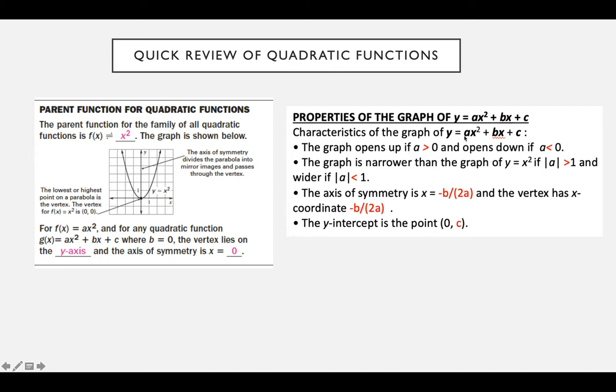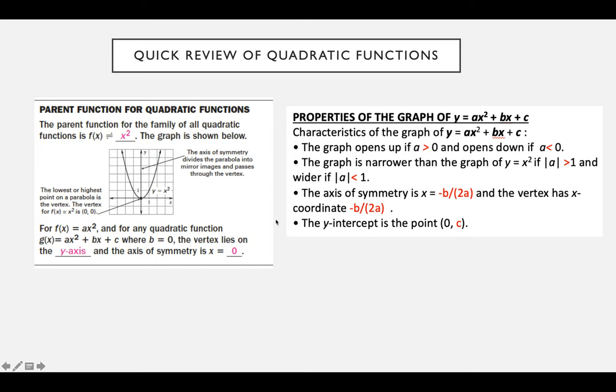When the equation is in standard form, it's written as y equals ax squared plus bx plus c. A tells you whether it opens up or down. If it's positive, it opens up. If it's negative, it opens down. The graph is narrower than our parent function if the absolute value of a is greater than 1, and wider if the absolute value of a is less than 1.